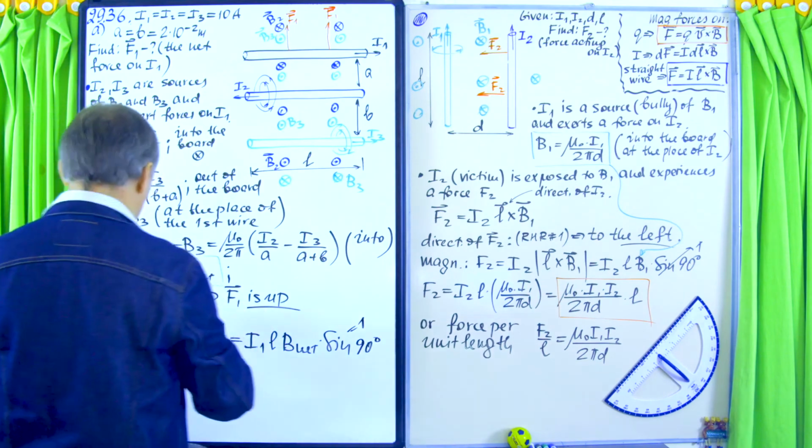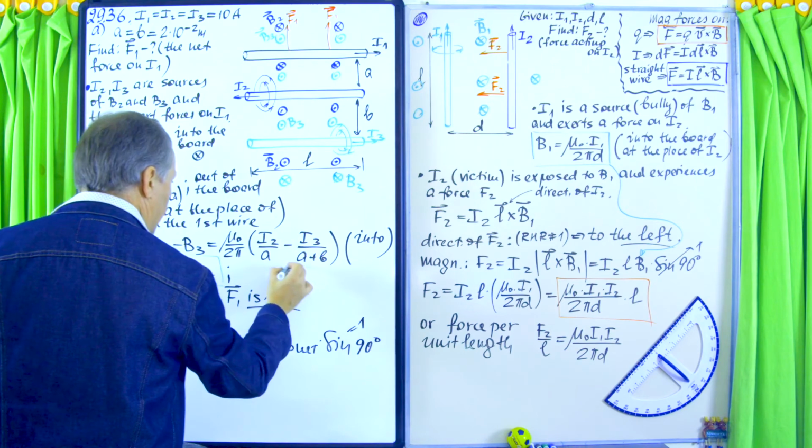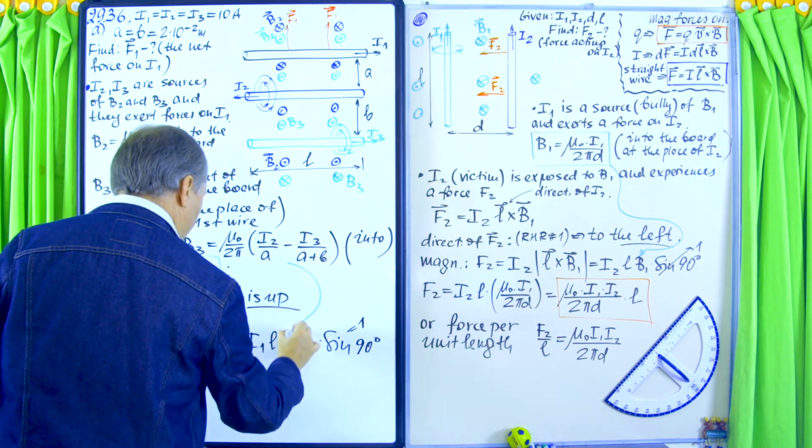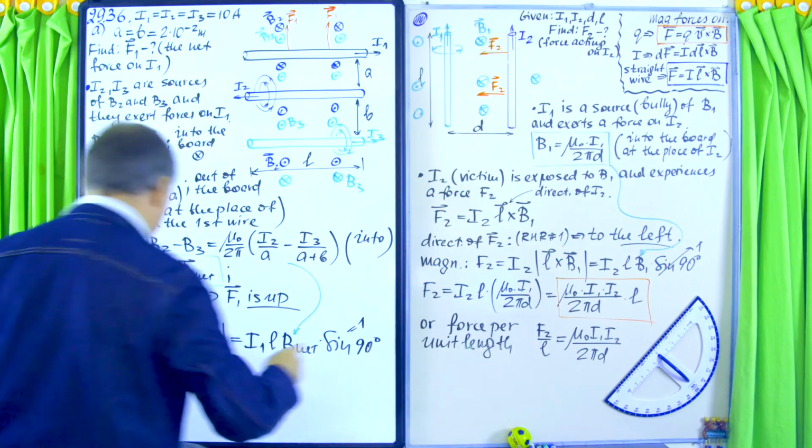All right, so now I'll just need to grab my B net. It's this, right? And shove it in our expression. So now basically the final result.